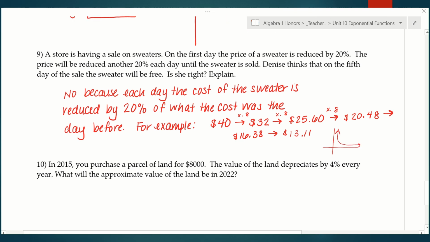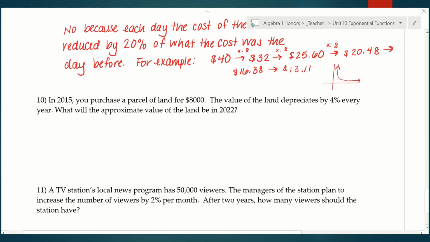All right, so we have 2 more here. In 2015, you purchase a parcel of land for $8,000. The value of the land depreciates by 4% every year. What will the approximate value of the land be in 2022? All right, so because it's depreciation, we are talking about exponential decay.